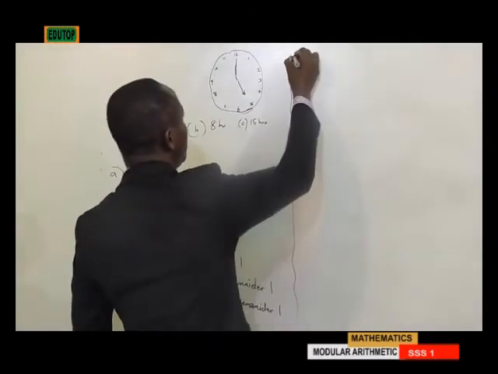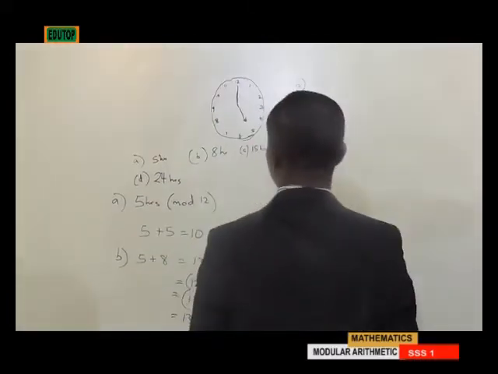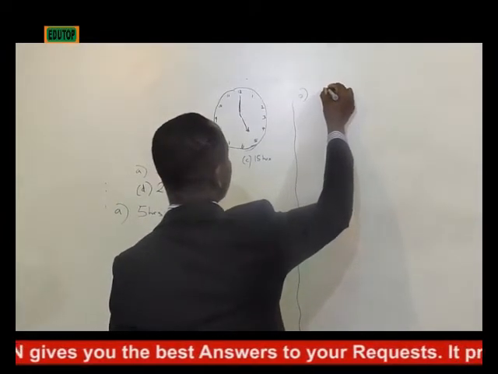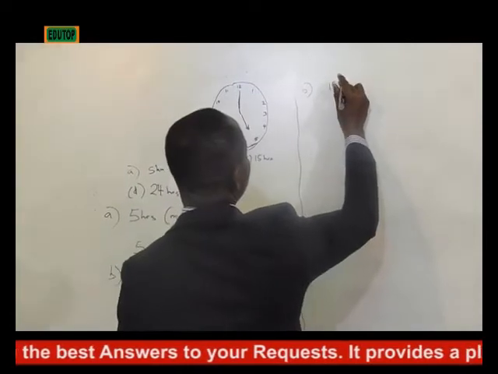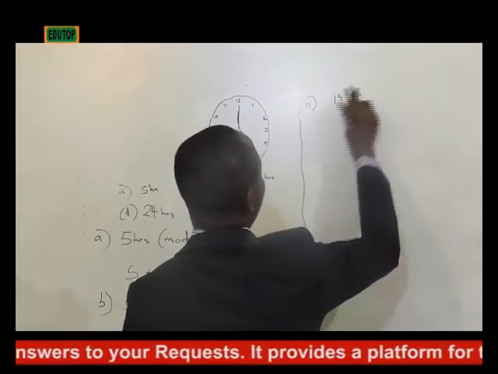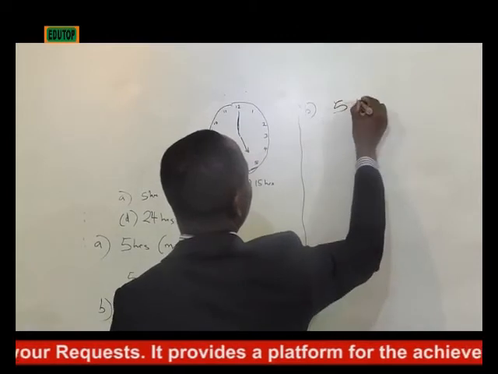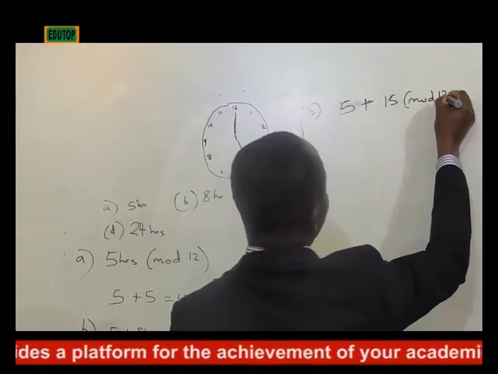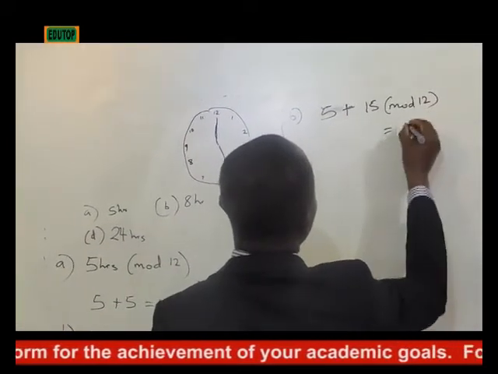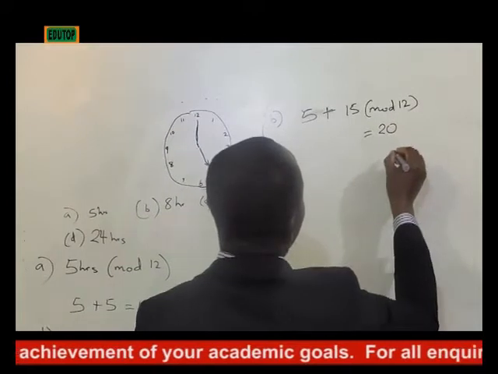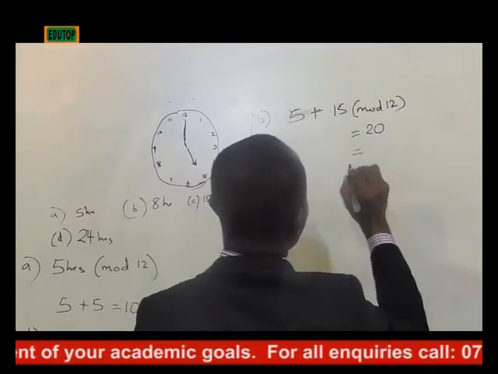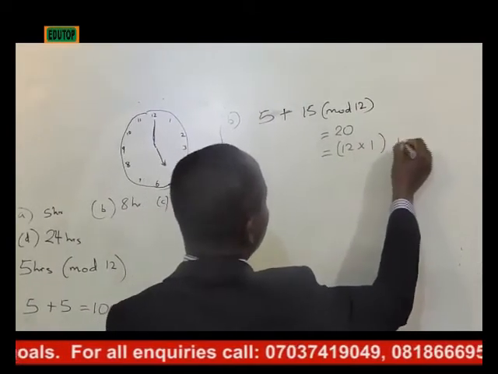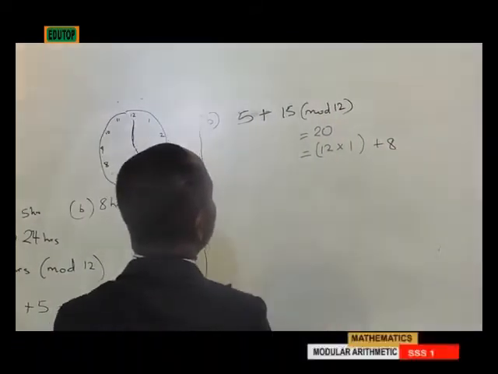And now we are going to C, which is 15. That's 5 plus 15 modulo 12, which is equal to 5 plus 15 is 20, which is equal to 12 times 1 plus 8. This remainder is what we are interested in.